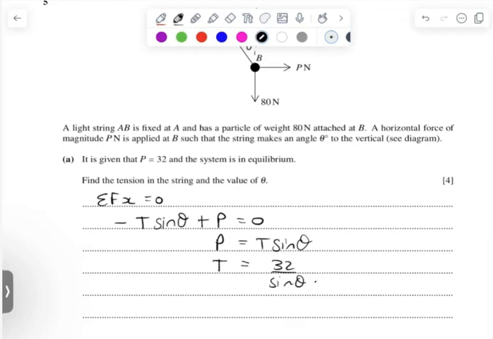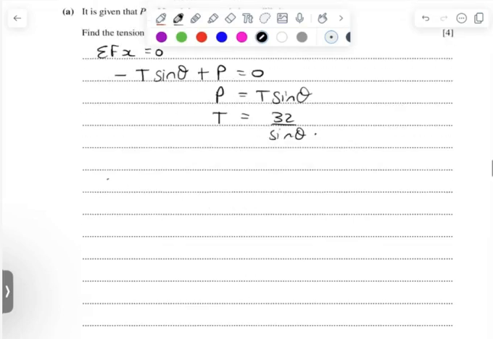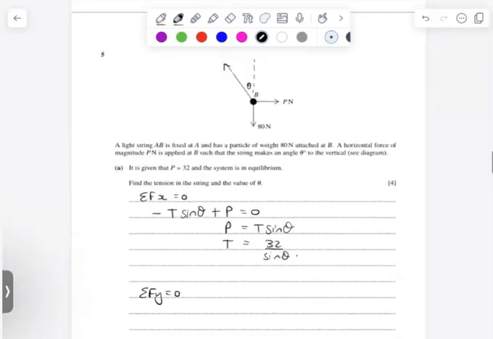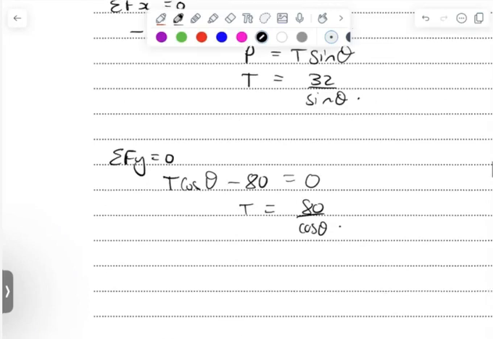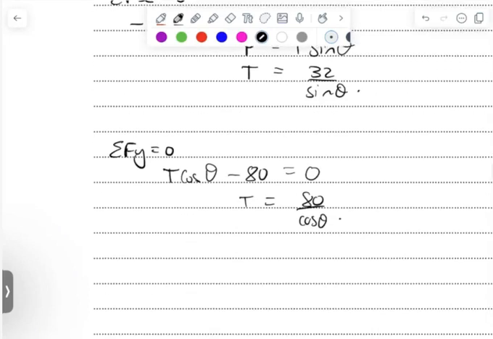Okay, now let's look at my sum of my forces in my y direction. Okay, I've got T has a component, so this is T by the way. T cos theta minus 80 is equal to 0. Those are the only two things I've got. Okay, so now I've got two things equal to T, so I can make them equal to each other.